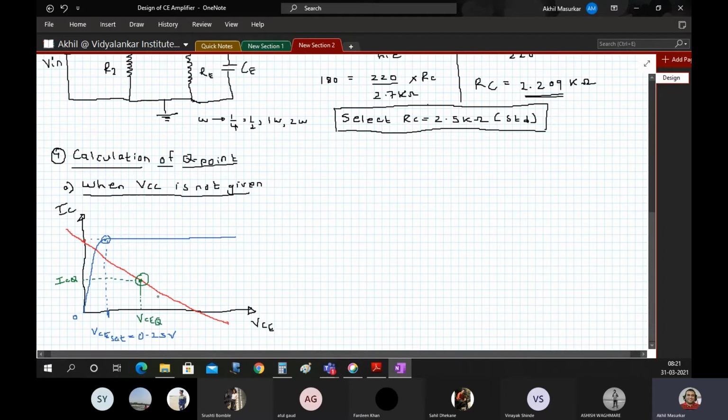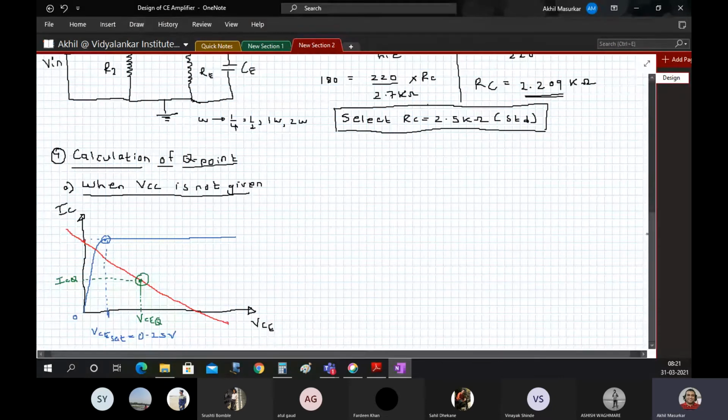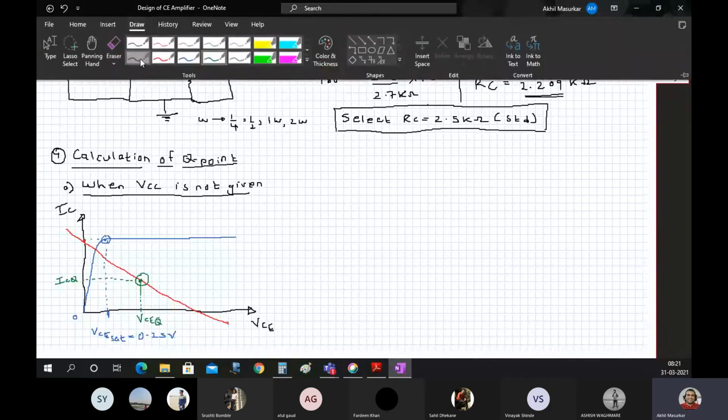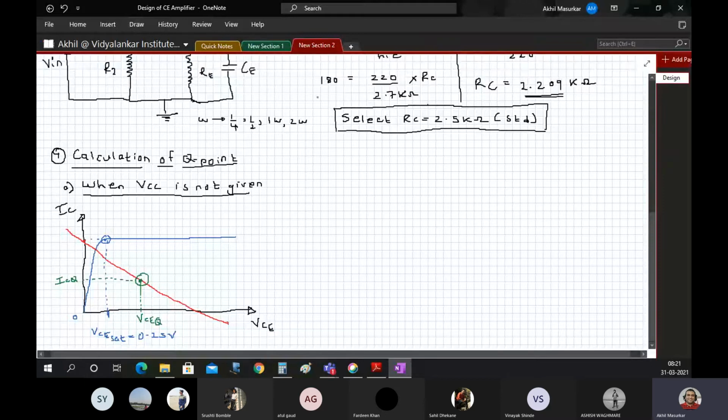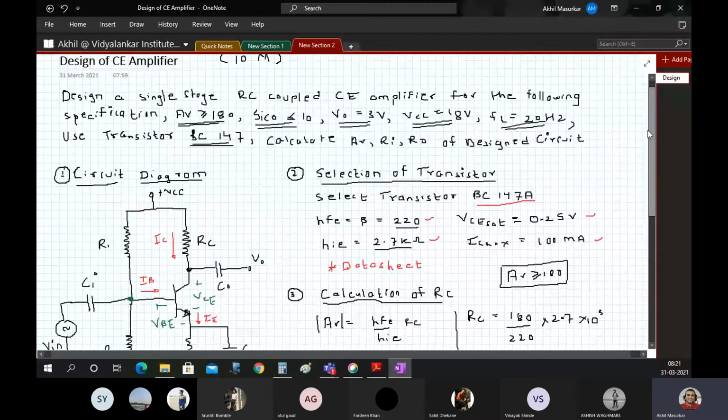This value will be what? VCEQ. Now common sense should again tell you that in the problem they have given us the maximum voltage swing, that is the maximum voltage swing can be 3 volts. So if you see in the problem, they have given here that the output cannot exceed 3 volts.